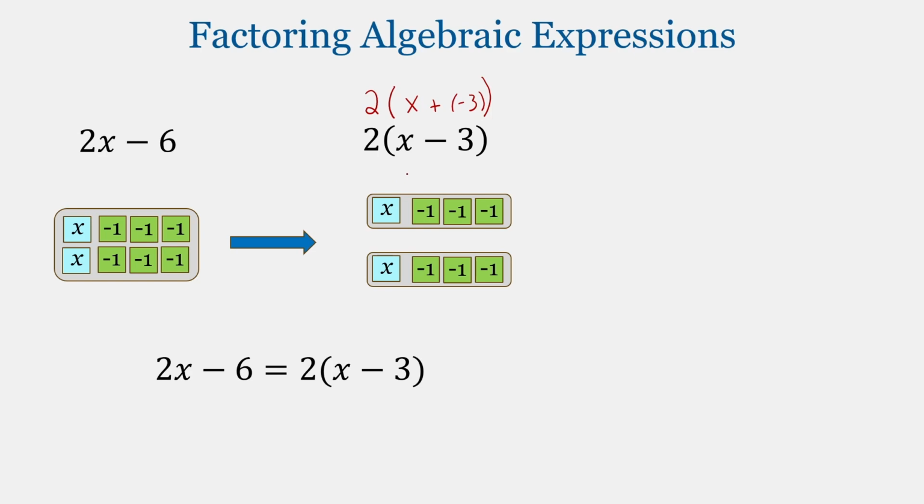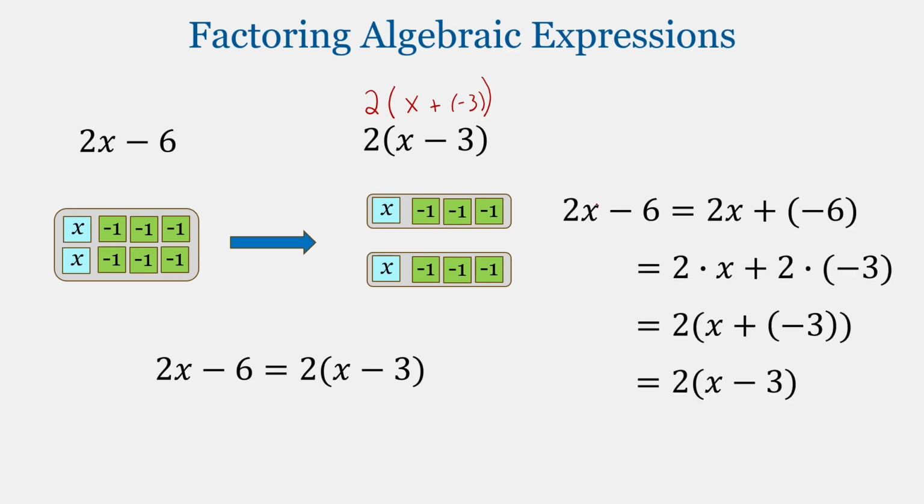These are equivalent expressions. Another way to factor instead of tiles is using the greatest common factor. The first thing I will do is turn subtraction into addition. So instead of having 2x minus 6, we rewrite this as 2x plus a negative 6.